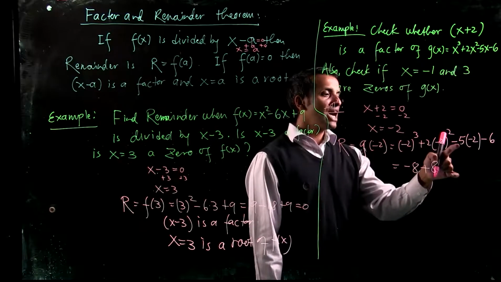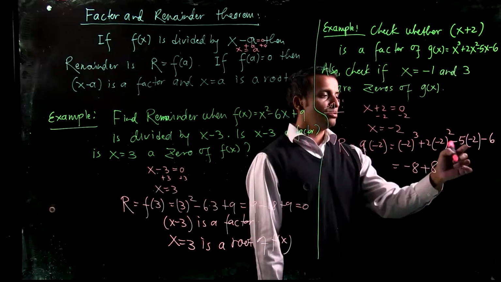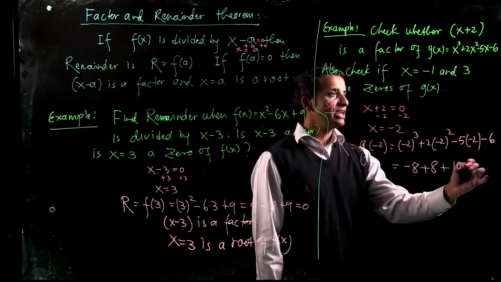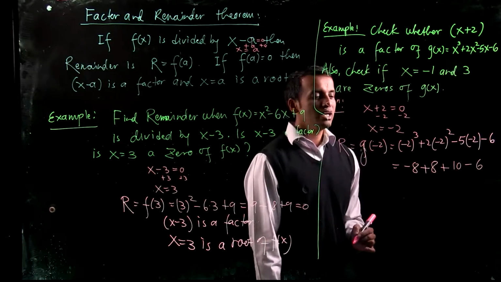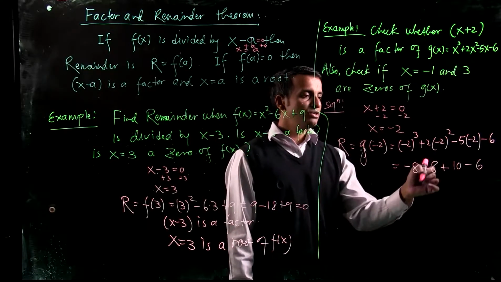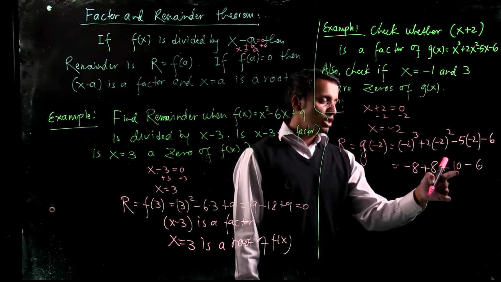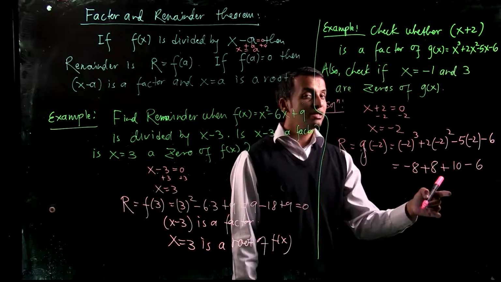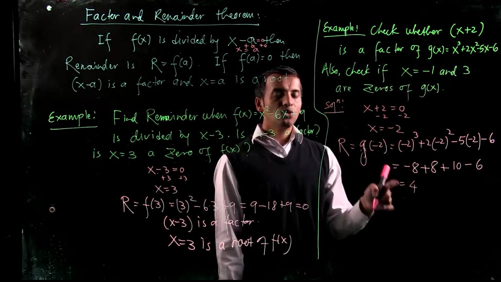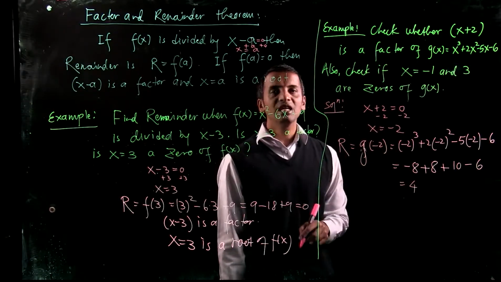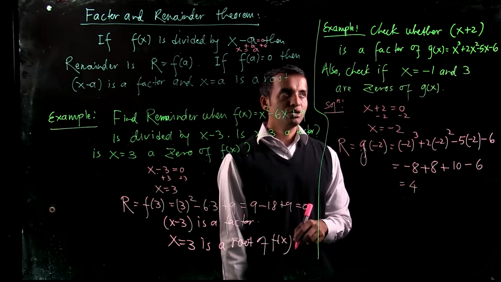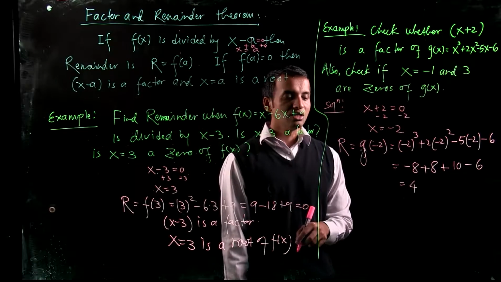Then negative 5 times negative 2 will be positive 10, because double negative, and then minus 6. So negative 8 plus 8 is 0, and then plus 10 minus 6 is 4. So the remainder is 4, meaning that x equals negative 2 is not a root of this function.